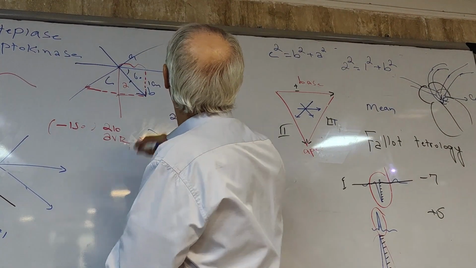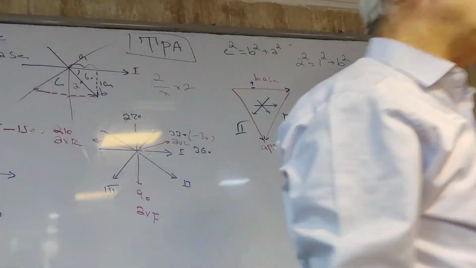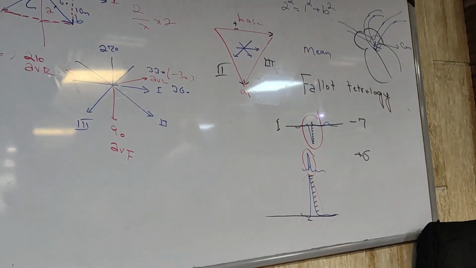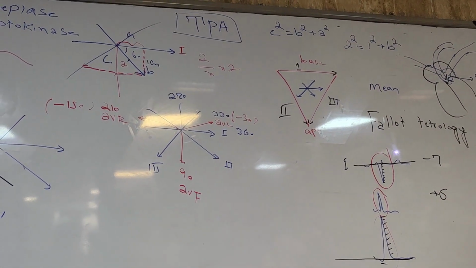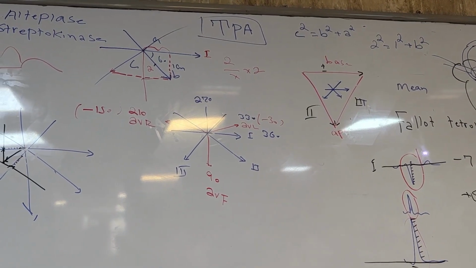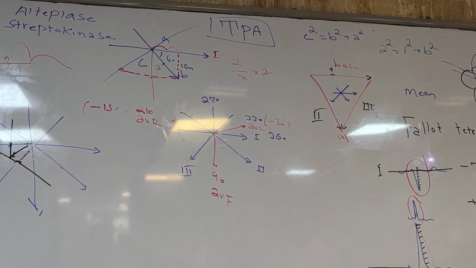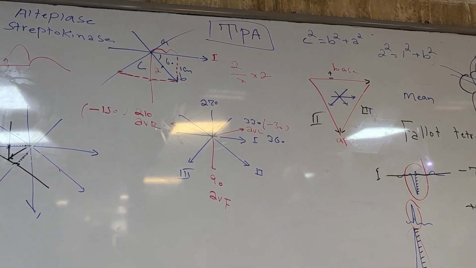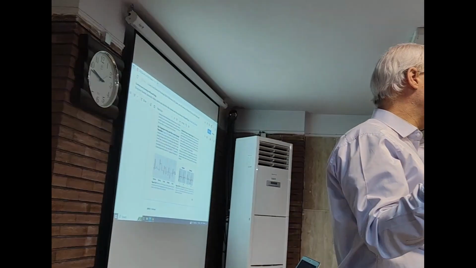Then we inject tissue plasminogen activator in order to dissolve that clot, and the cardiovascular accident will disappear, paralysis or something like that. You have just 1 or 2 hours golden time. If you inject TPA, the brain abnormality will be resolved.